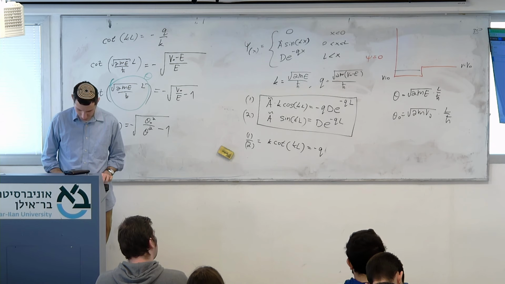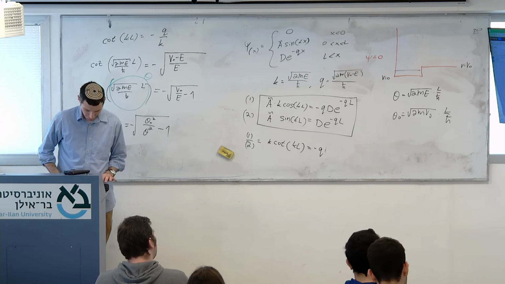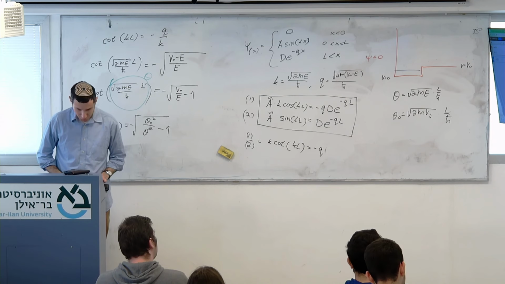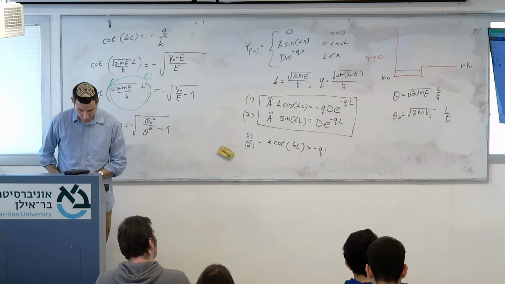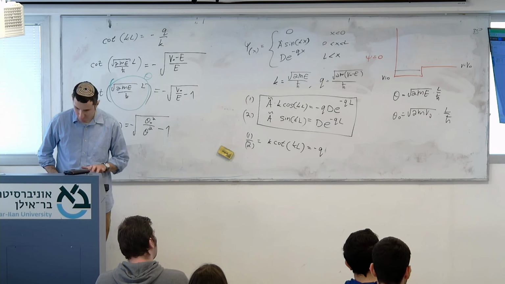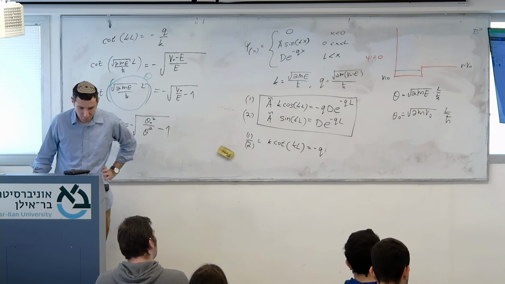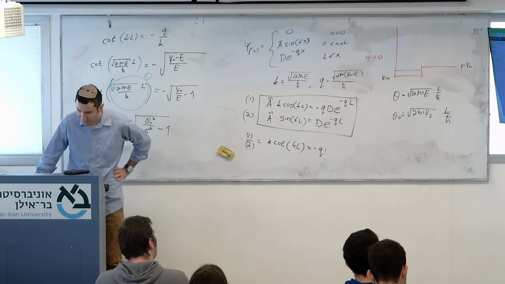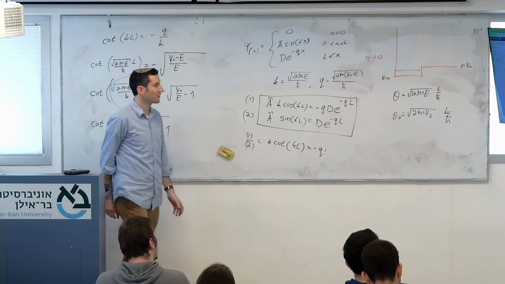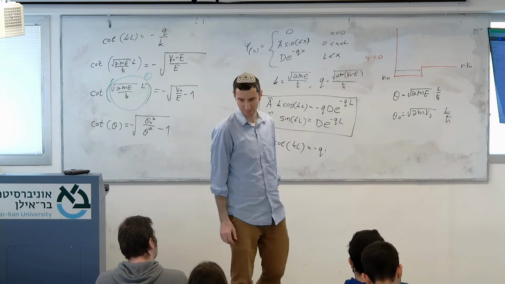Okay, and here I have minus the square root of V over x. This is the way to solve this thing graphically.